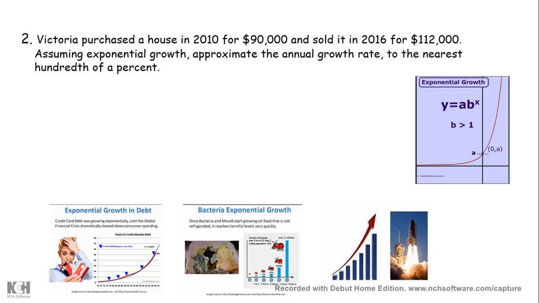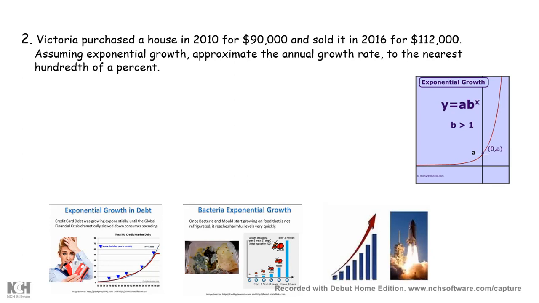Now, exponential growth is all over the place out in the real world. You can see a couple of examples down at the bottom. We also know that the exponential growth formula is y equals ab to the x power, where a is the original amount, b is 1 plus the rate as a decimal, and x is time.